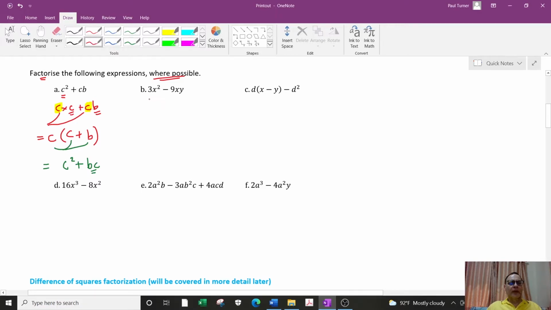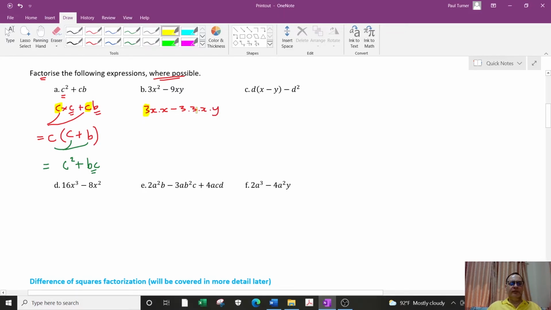In this question, we have 3x squared minus 9xy. What are the common factors? We have 3x squared, so 3x, minus 9xy, which is 3 times 3 times x times y. So look for your common factors.